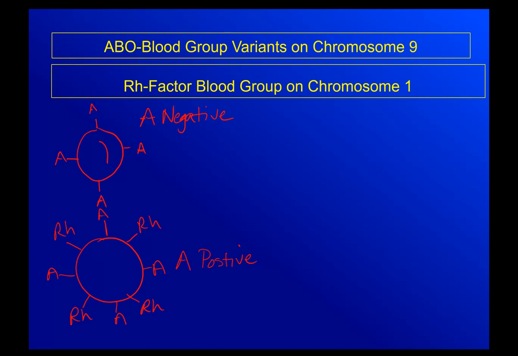Because this and this are only referring to the Rh factor. This is the ABO blood group, okay? And remember, shirts versus pants, they're not necessarily going to influence each other. It's just, is it there or is it not? So that's A positive.